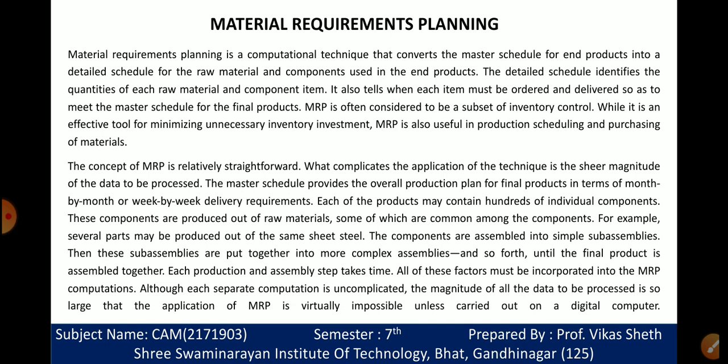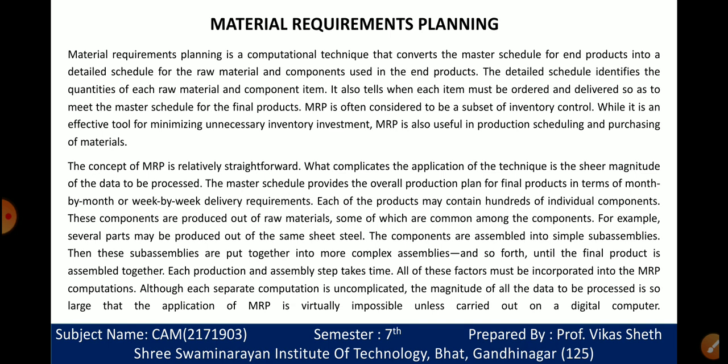At that time we use the MRP system to find whether the material is available or not. If not available, then we plan the purchasing of the raw material. So with the MRP system we can handle all the production and its requirements easily.